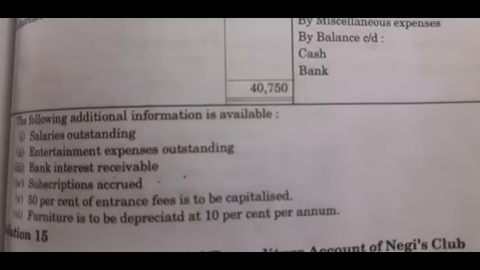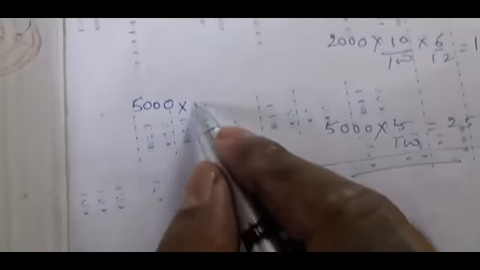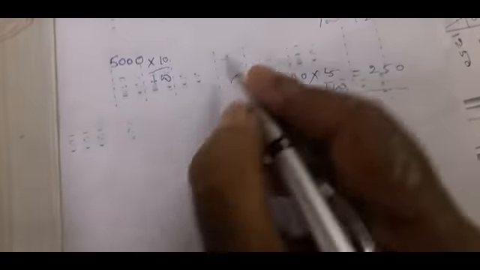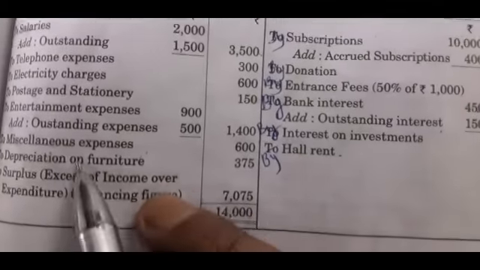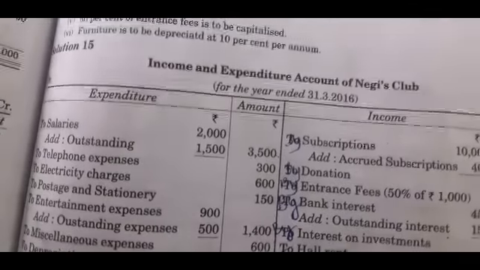Rate of depreciation is 10%. So 5,000 into 10% for 9 months, because furniture was purchased on 1st July, from July to March, comes to 375 rupees. Depreciation on furniture is 375 rupees. So to depreciation on furniture 375.